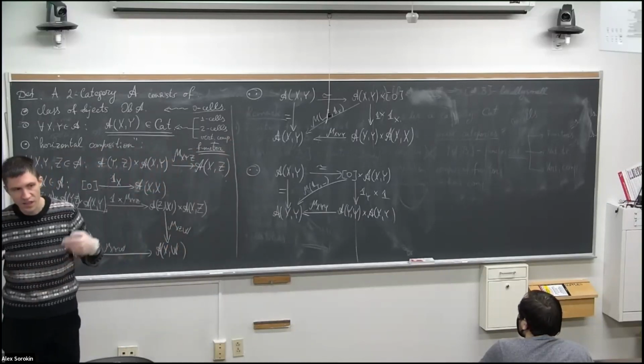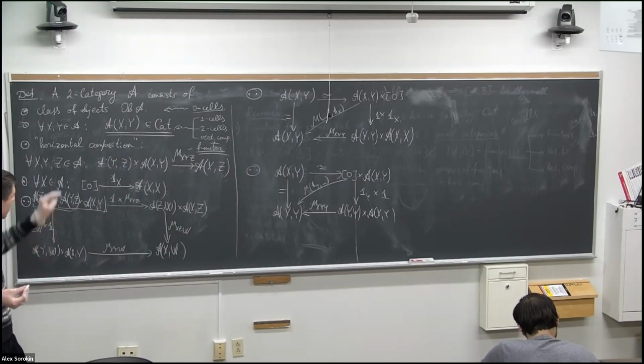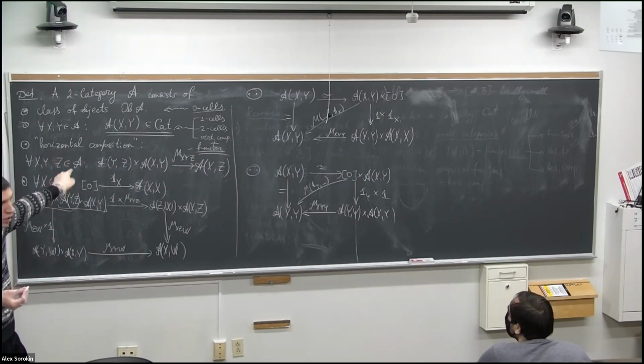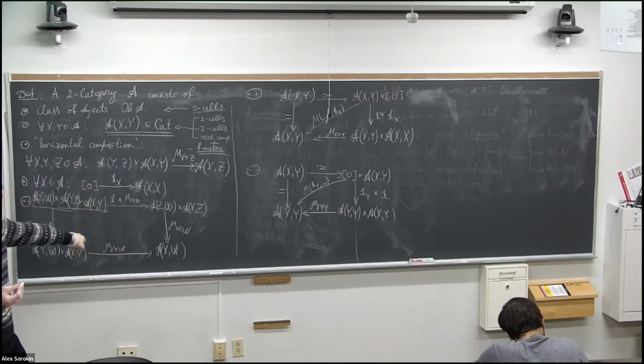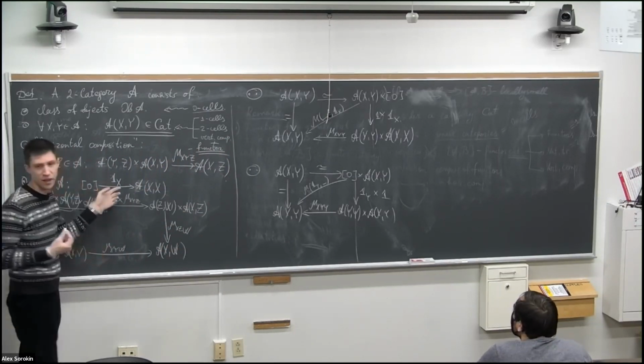It can be checked, I'm emphasizing it can be checked, that in 2-categories the Mac Lane exchange law, how to combine horizontal and vertical composition, works. Why does it work? Because it works for functors and natural transformations.